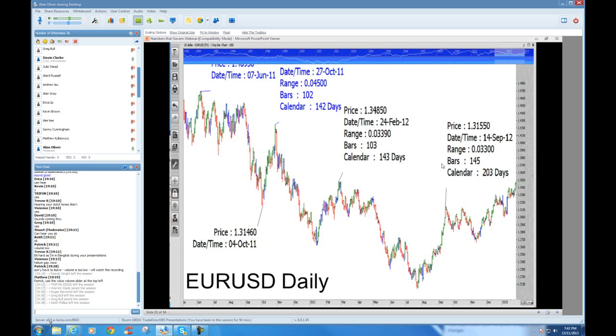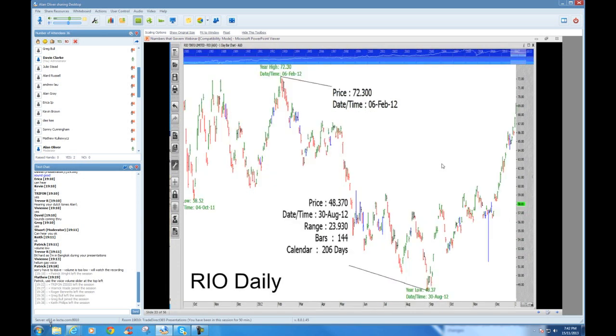A major stock, Rio, one of the largest mining operations in the world today, made a major peak early February 2012 at $72.30, went through a very serious decline. We had a 1, 2, 3, 4, 5 Elliott wave structure for those people who follow Elliott wave. You can see that it made its yearly low at $48.37.